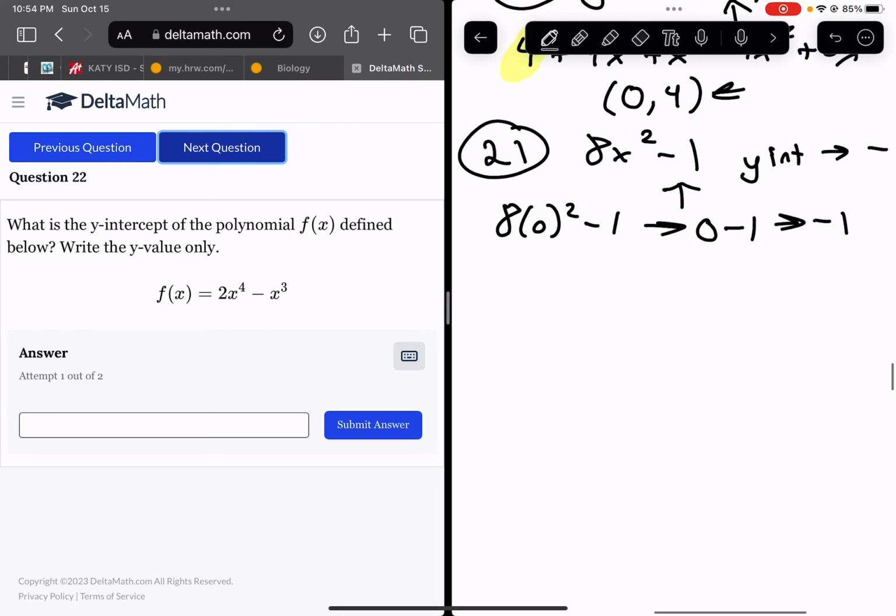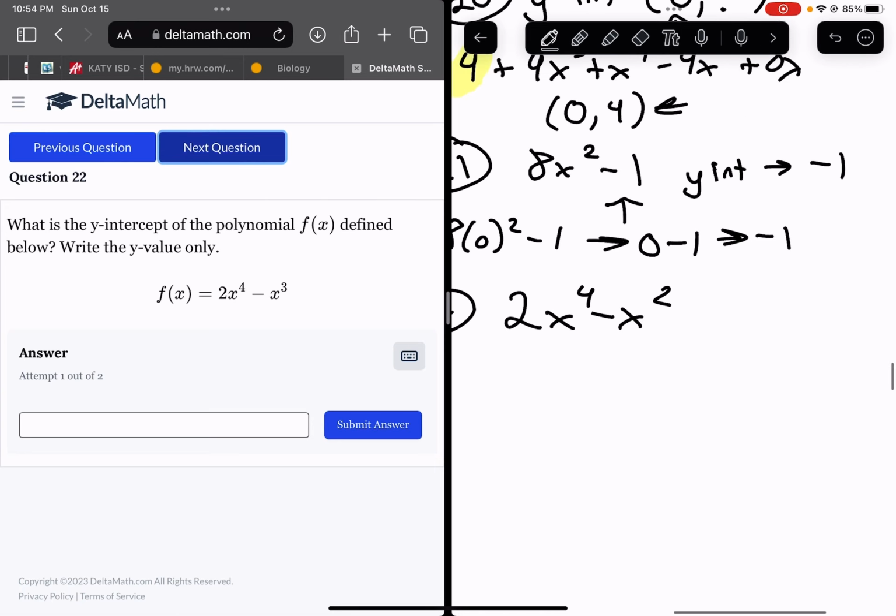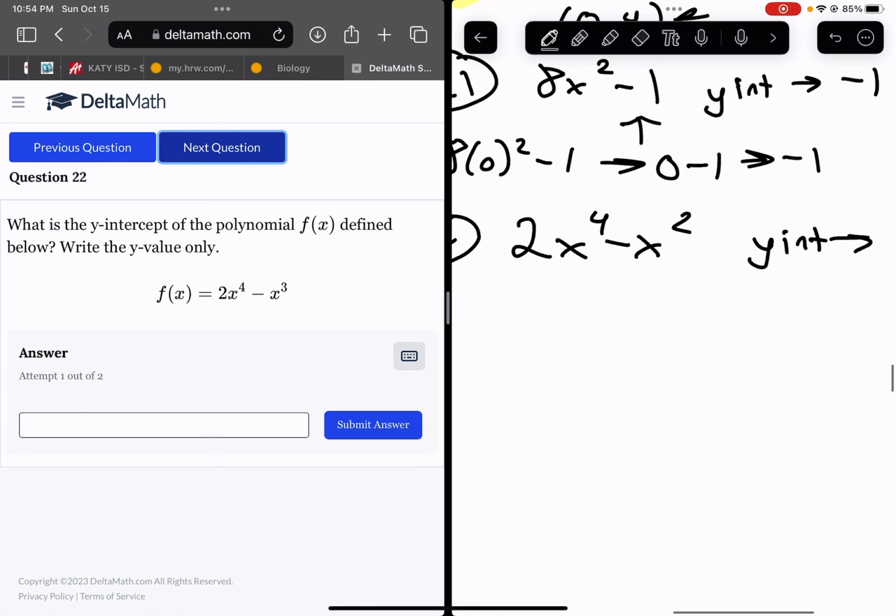So let's try this guy. Now, if we're trying to find the y-intercept of this, okay, there isn't a constant term. There's no term here that doesn't have a variable attached to it. When that happens, that means that your y-intercept is 0. And I'll show you why.